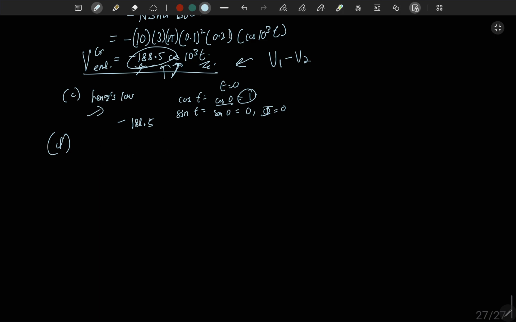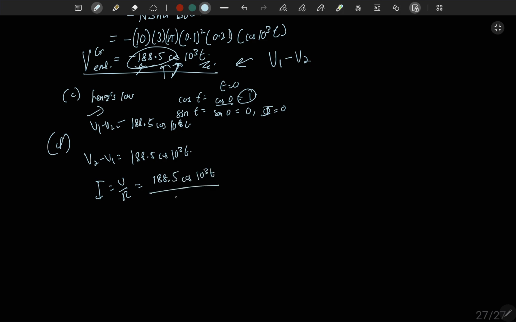Okay, now back to here. We know that V1 minus V2 is equivalent to negative 188, so V2 minus V1 is equivalent to 188.5 cos 10 power of 3t. Please write it fully. Now we know that I is equivalent to V over R. So our V is positive 188.5 cos 10 power of 3t, and R was given as 1 kilo ohm.